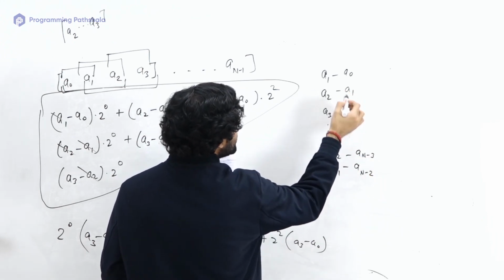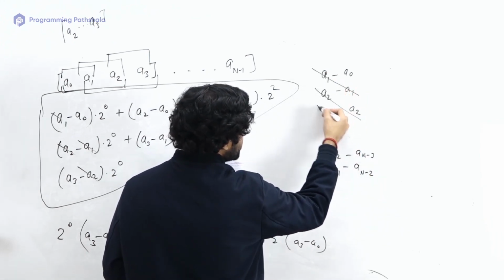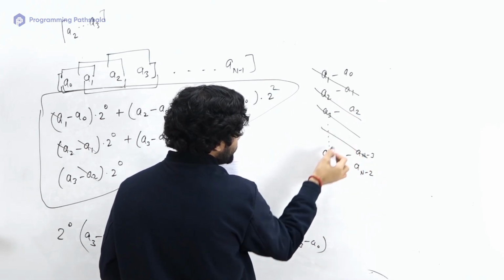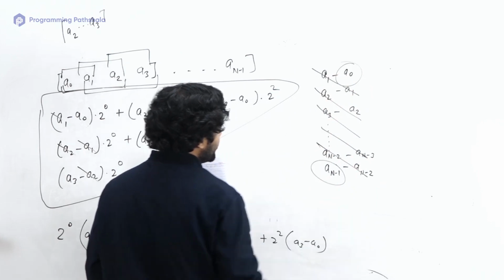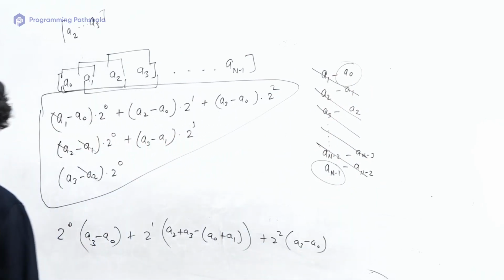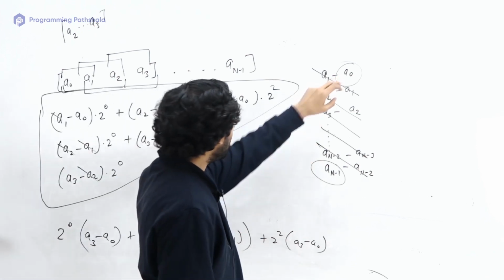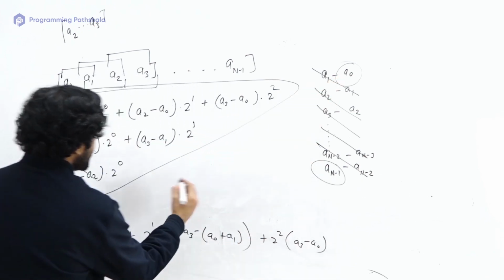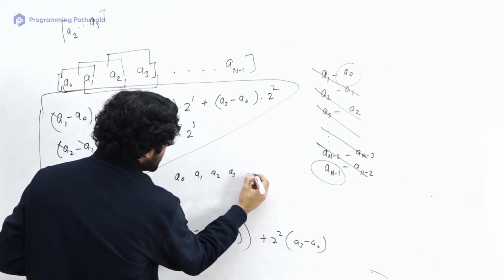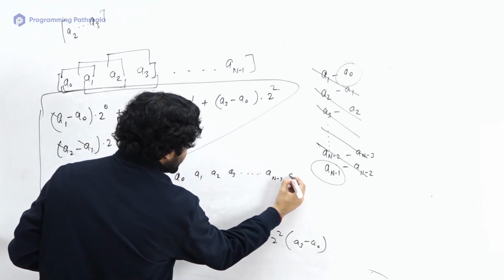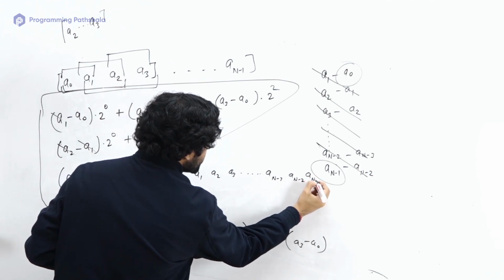So now this cancellation is destined to happen. This a(n-3) will be gone from here, this will be gone from here. So only a(n-1) and a0 will remain. This is an important thing to understand. Only a(n-1) and a0 are going to remain. So let's say you have an array like a0, a1, a2, a3, ..., a(n-3), a(n-2), a(n-1).